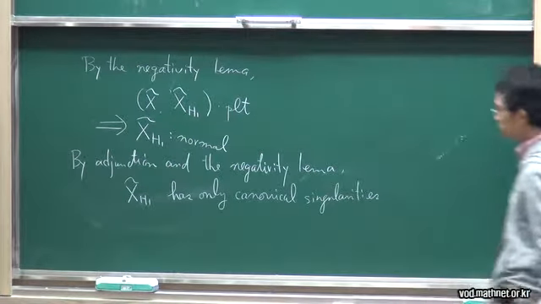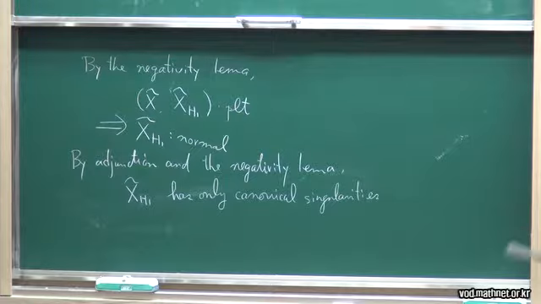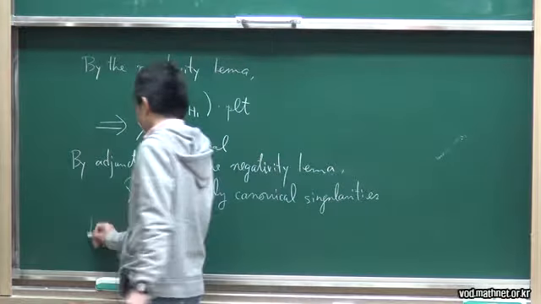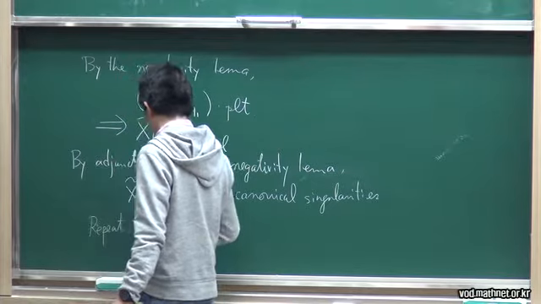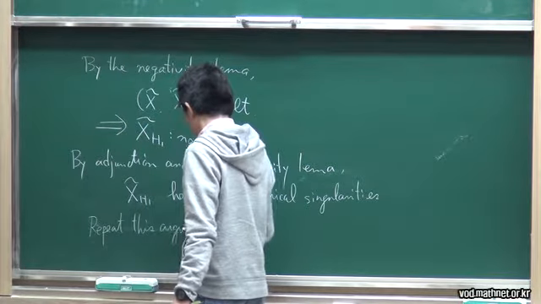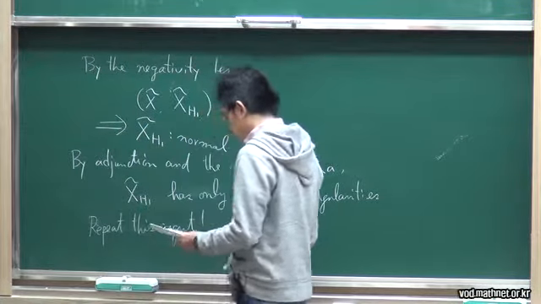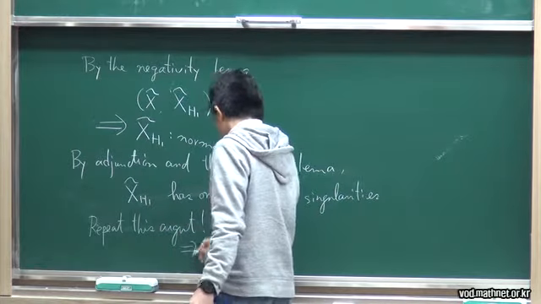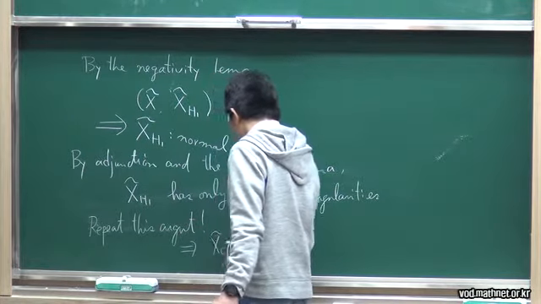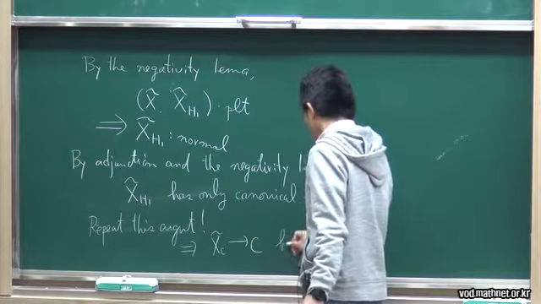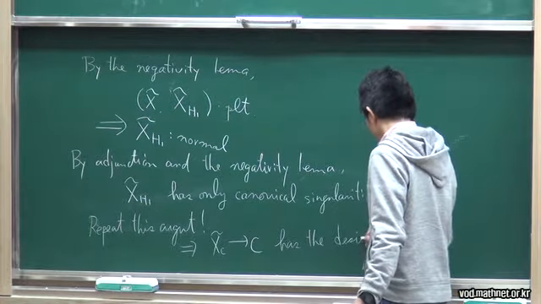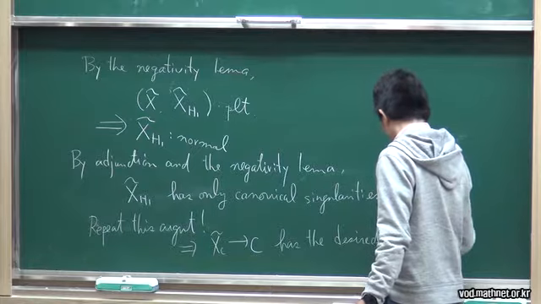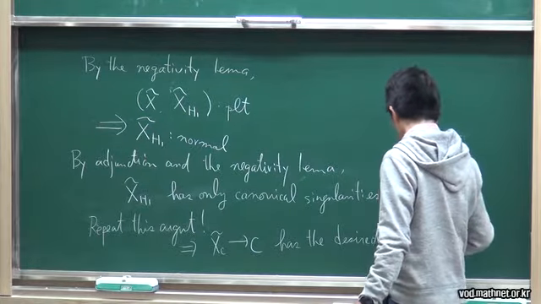Okay. Repeat this argument. Then X tilde C to C has the desired properties. Okay.